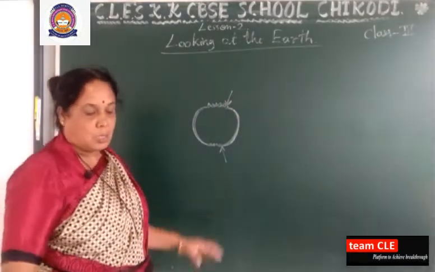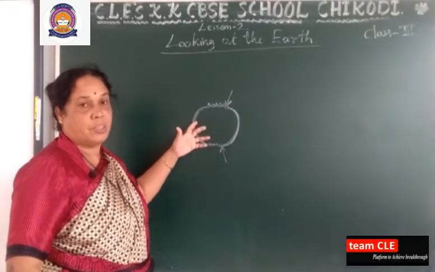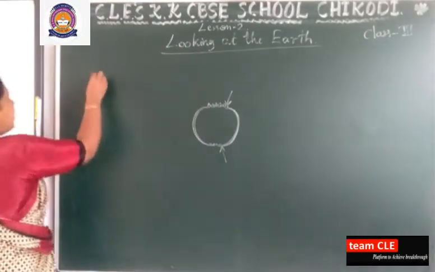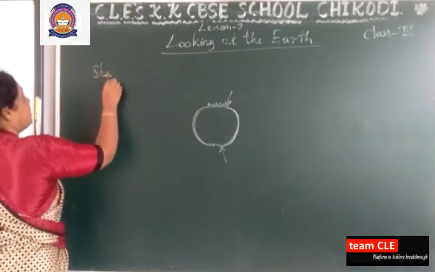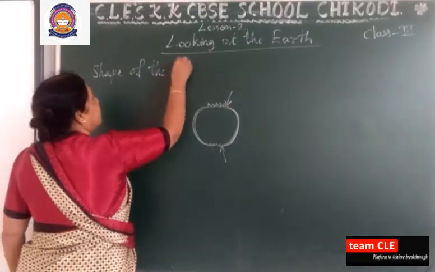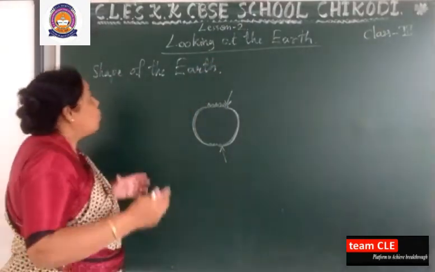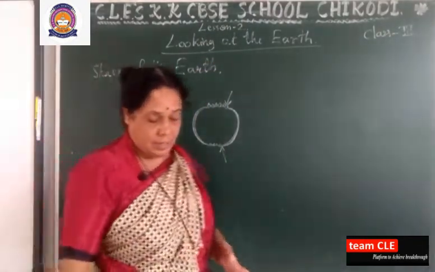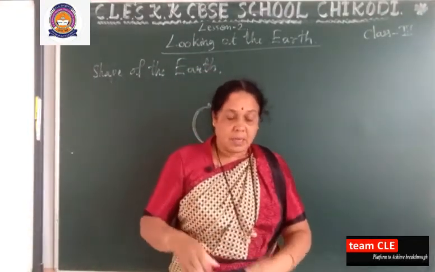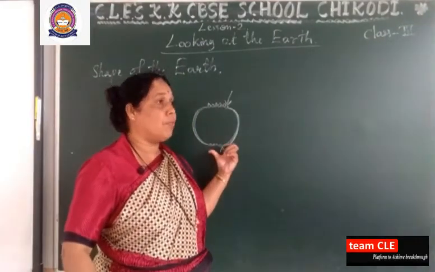So our earth resembles the fruit orange. Understand? So in this lesson, the first thing we are learning about is the shape of the earth. Our planet earth is round like an orange. Just now I have drawn this fruit orange.